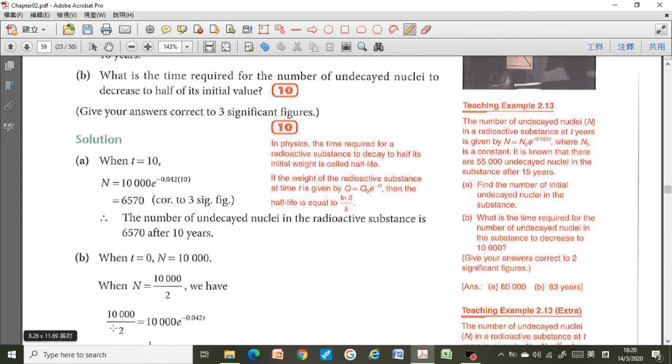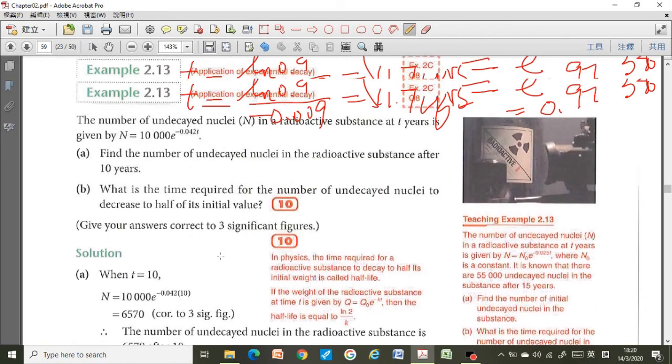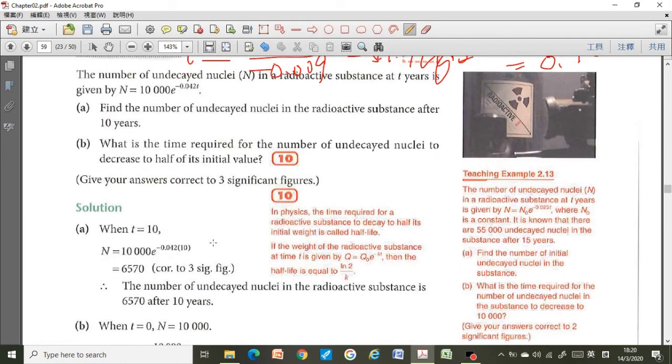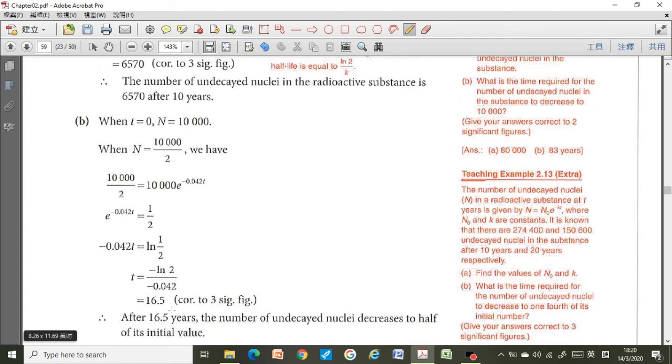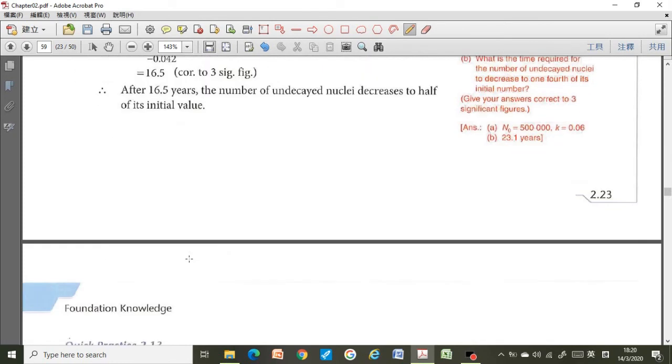So 5,000 is equal to 10,000 e to the power of the exponent, and then solving the problem just like this example, you will get the exact answer t equal to negative log 2 over the coefficient. So you have a minus sign here, okay? And you will get 16.5.